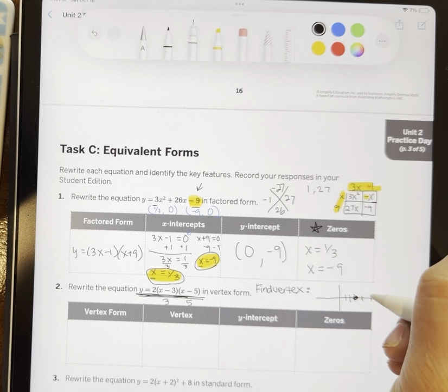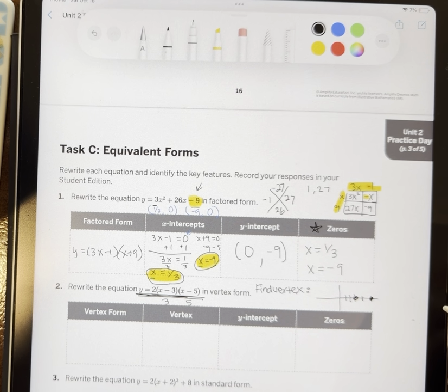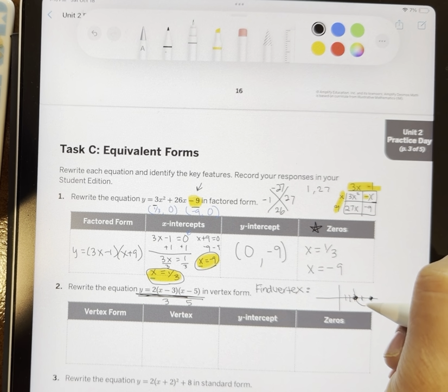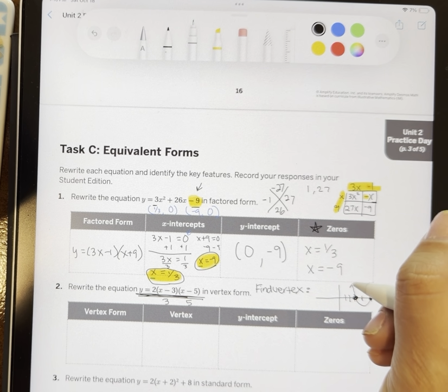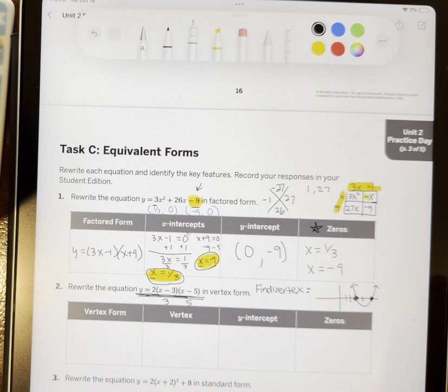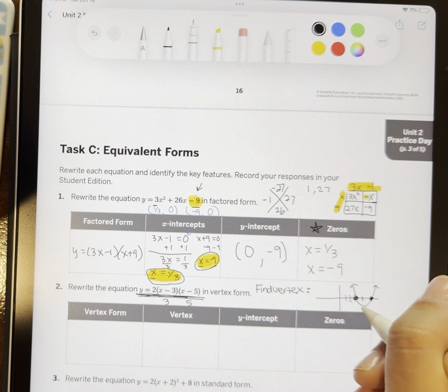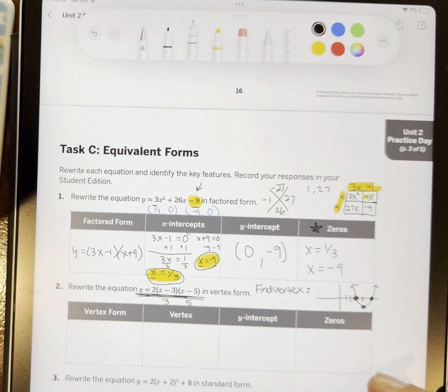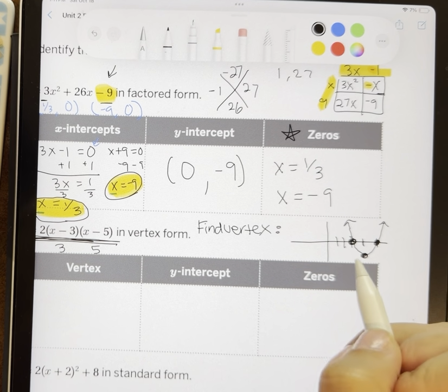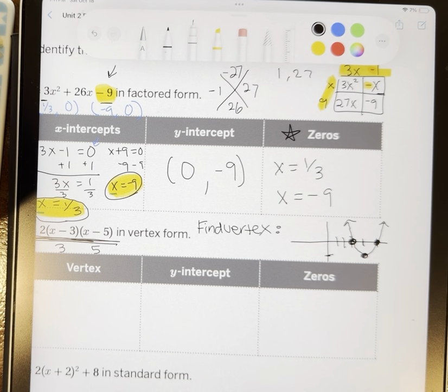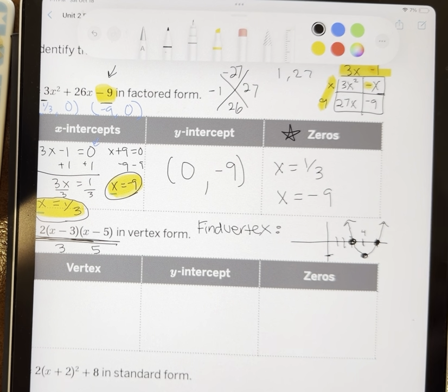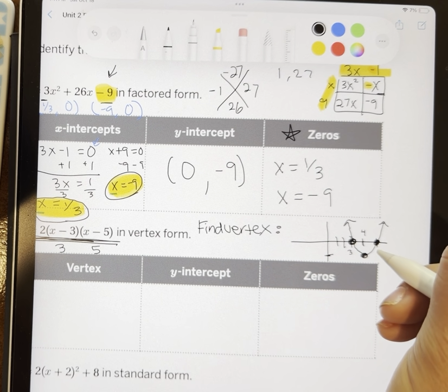There's 4, and here's 5, another x-intercept. This parabola opens up, so this is what it looks like. And where is the vertex? Well, the vertex is over here. What is this point? I don't know the y, to be totally honest, but I do know the x is 4, because that's 3 and that's 5.